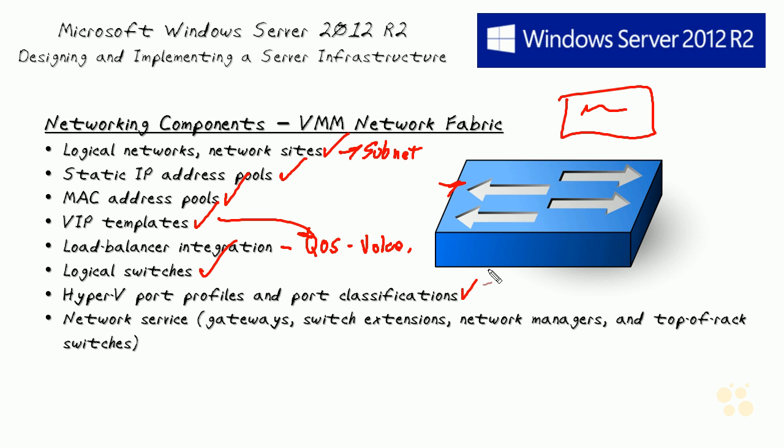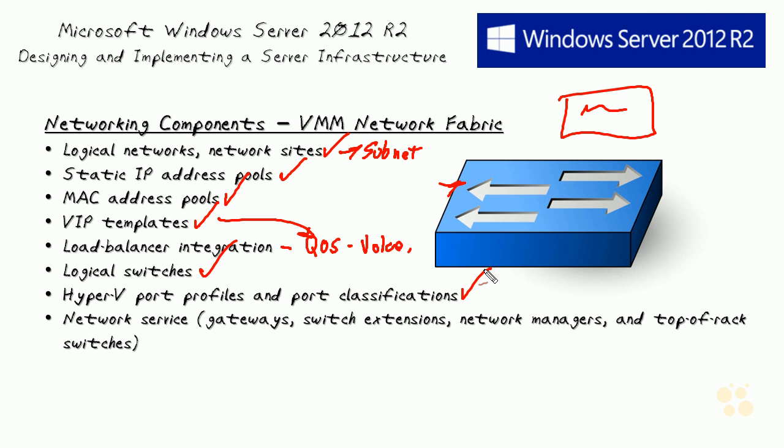Port profiles, you can create two in VMM. You can do a virtual network adapter port profile, which can be used for virtual machines and hosts. You can do configurable offload, security, and bandwidth settings on those, or you can do uplink port profiles, which will obviously use uplink ports. So if you're going to do load balancing or network teaming, you can do that.